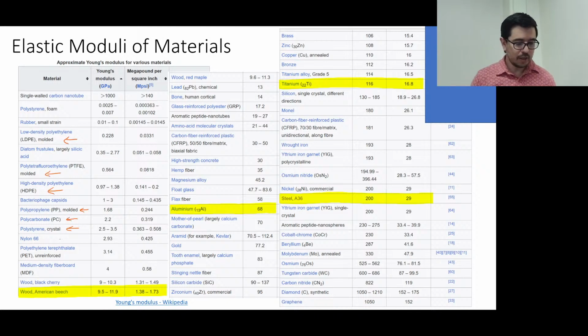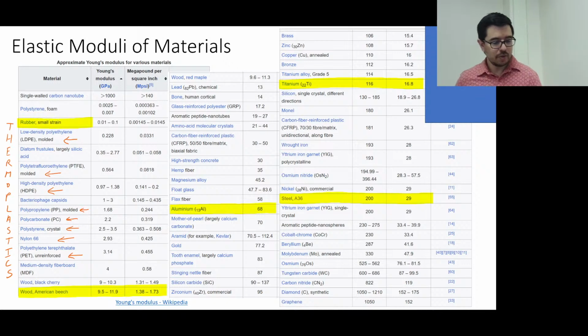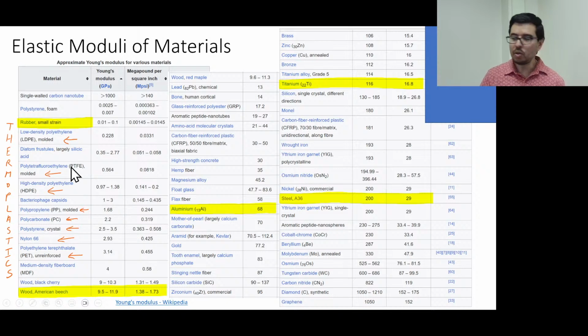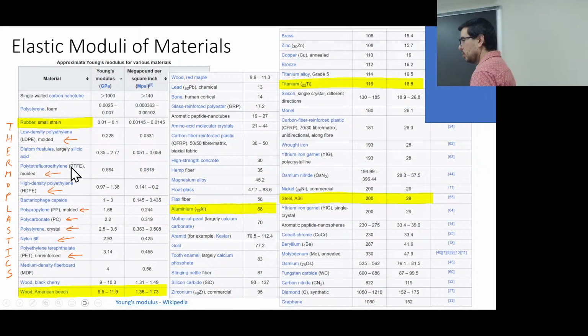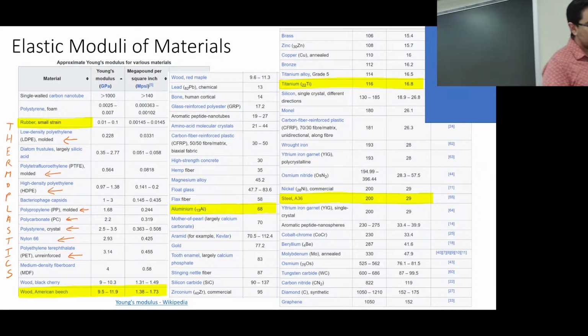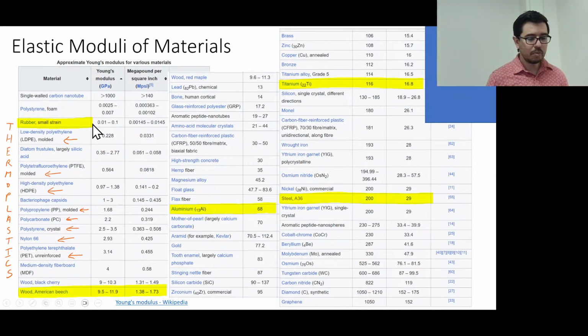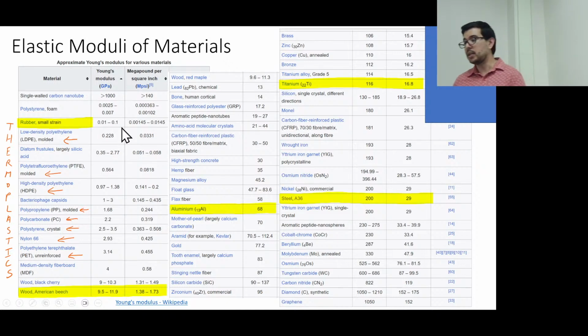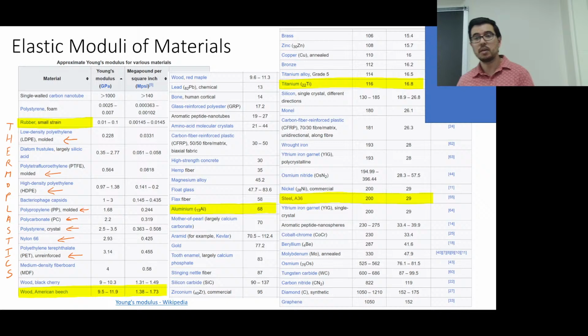And these other materials, these polymers, have a wide range of elastic moduli. So those do get tuned quite a bit. But they're different polymers. And rubbery materials, 0.01 to 0.1, even less than that in some cases.